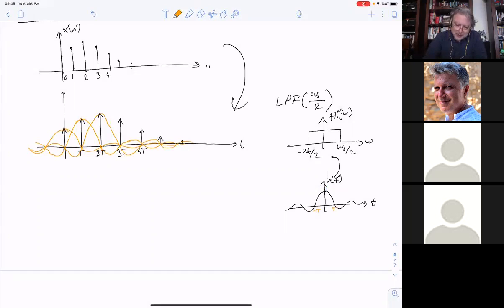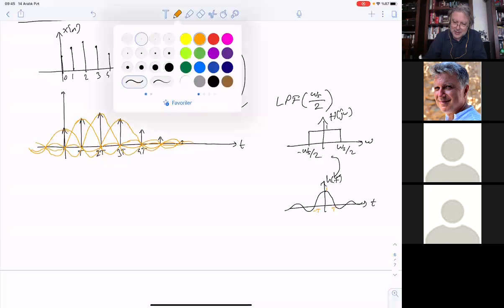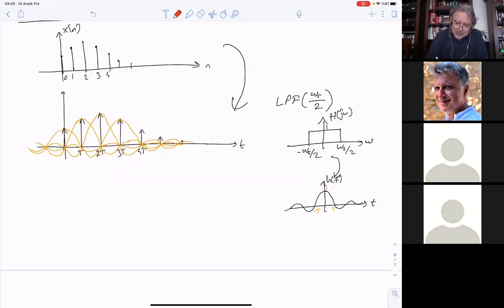And with the next one, it will be like this, etc. Let me draw a few. Now, when you combine these sinc shapes after the convolution, the result is a combination of those sinc shapes. When you combine those sincs, it will be the ideal continuous time signal, which is just following these peaks like this in a continuous manner.